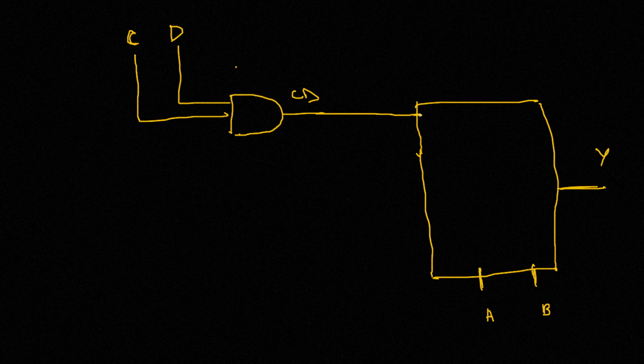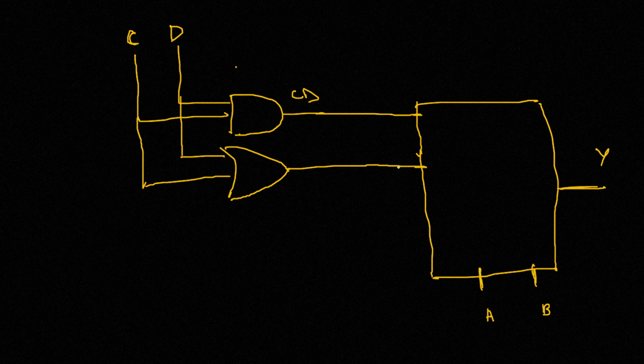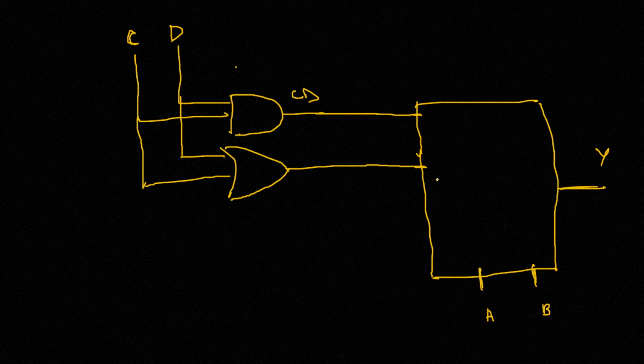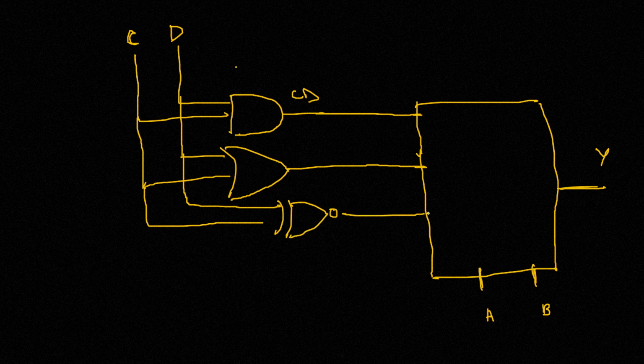So this is the first input line. Then we need to take C and D, and then it's passed through an OR gate. This is the second input. Then we have C XOR D. No, this is XNOR. So C XNOR D is the third input.